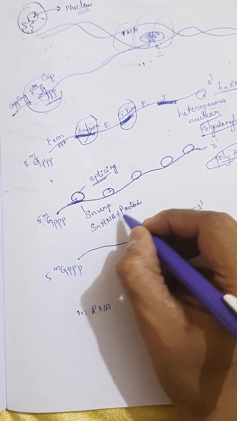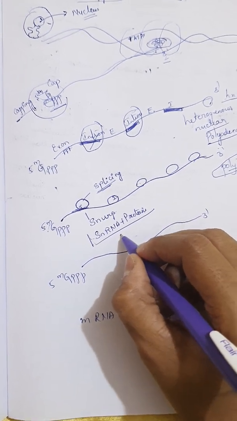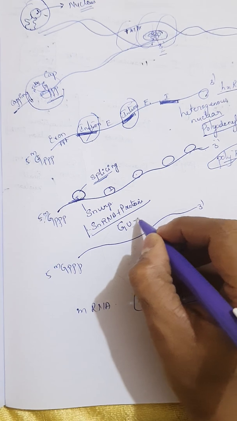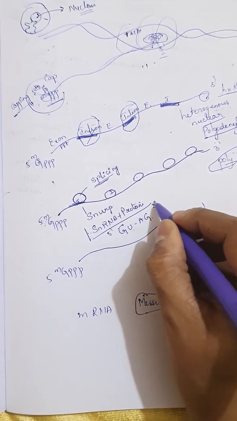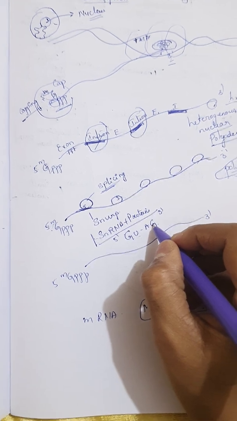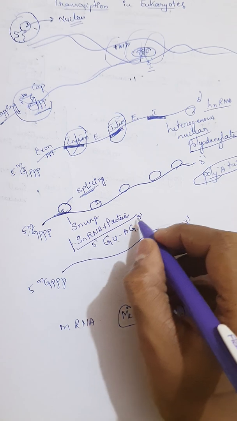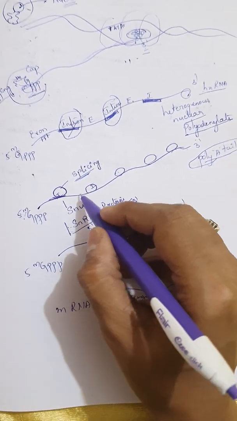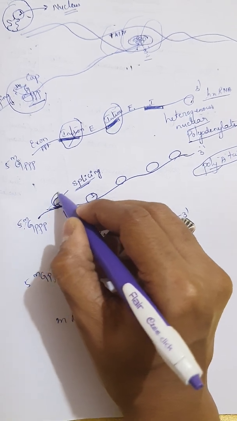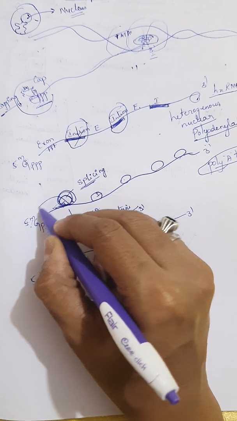They are the ones which combine and follow the rule that we call the GU to AG rule. They identify the 5' end and also the 3' end regions, following this rule. They identify these regions only, and they cut out this particular type of introns, and later on they are removed.